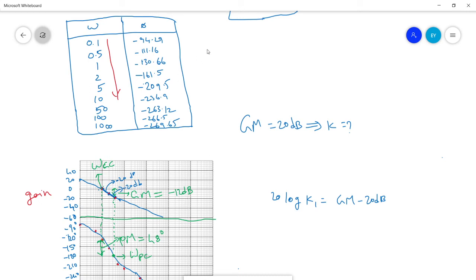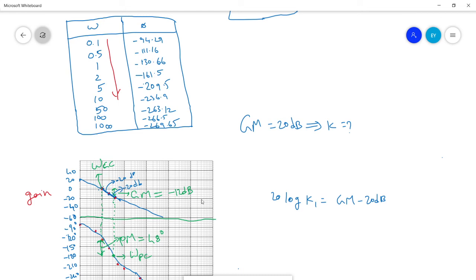So from the first equation, we get 20 log K. If K1 is equal to 1, that means at omega equal to 1 you get 0 dB. So we have to calculate for 20 dB, which is here. Therefore, at this point we need to calculate the K. So how far is it from the gain margin?